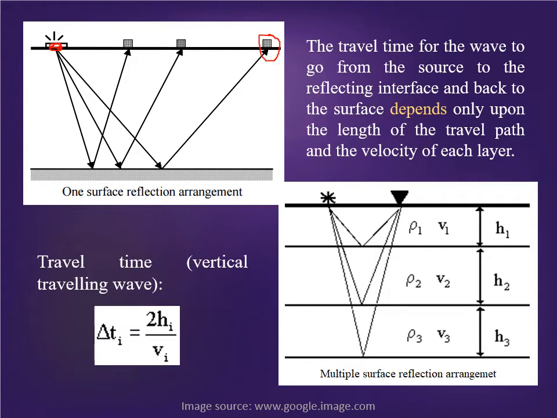So if the total time taken from the source to the receptor is delta t, then delta t is equal to 2h divided by v. That means this one is h and this one is another h, so 2h, that is 2 times the depth, divided by the velocity of the wave within that medium.